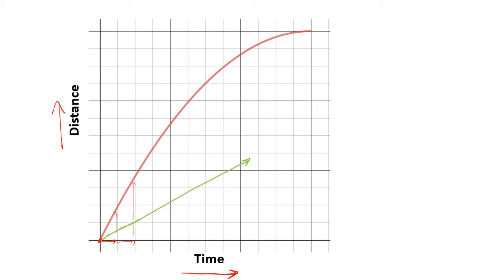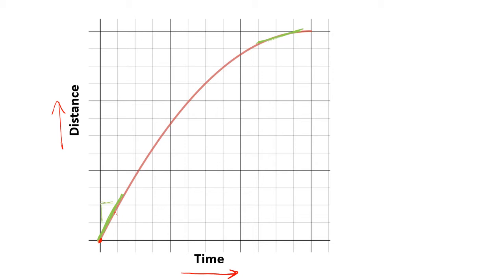For this particular graph, because my curve has this concavity, in the way shown here, the slope of the line right here is one thing, but then the slope of the line over here is less. This indicates to us that we have a deceleration. In fact, the slope of the line here is representative of the velocity.